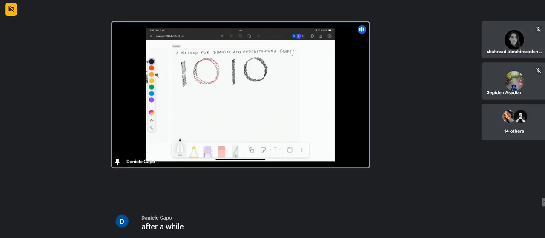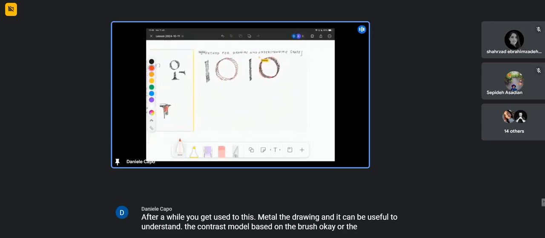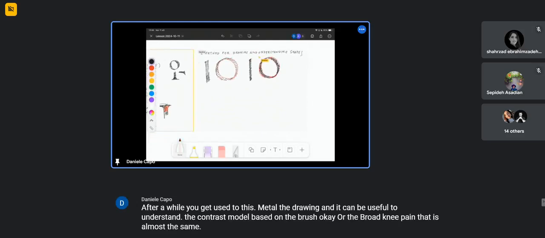After a while, you get used to this method of drawing, and it can be useful to understand the contrast model based on the brush, okay? Or the broad nib pen, that is almost the same.